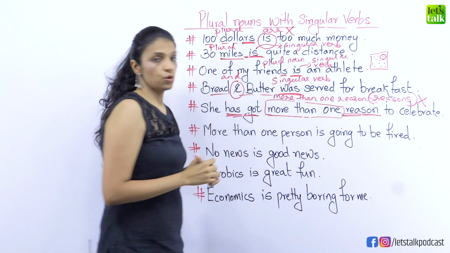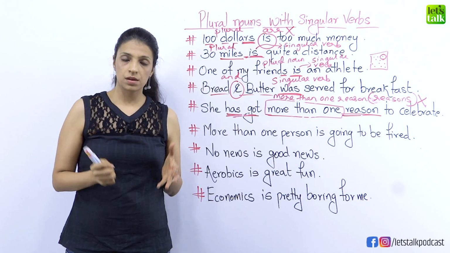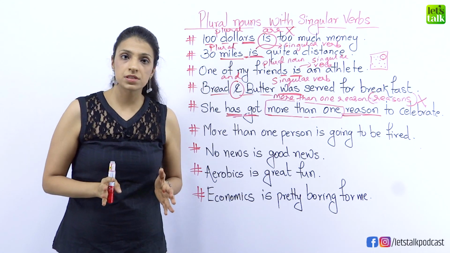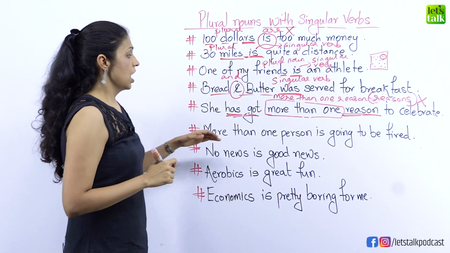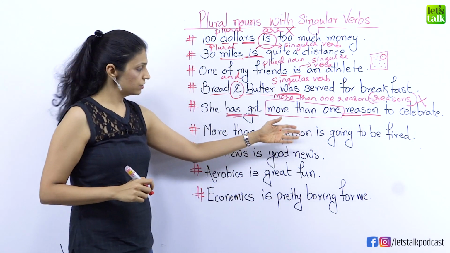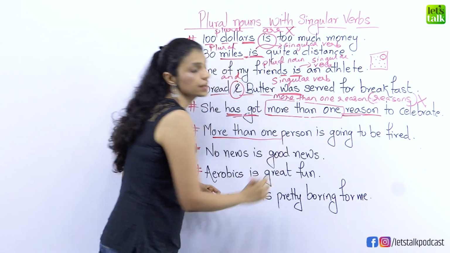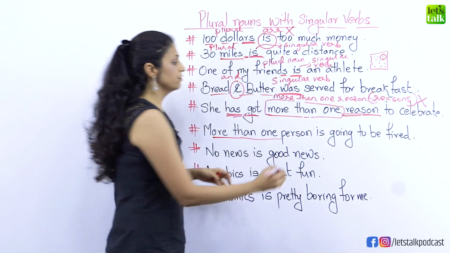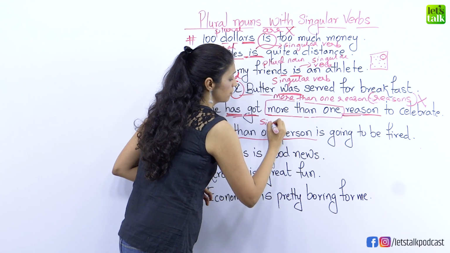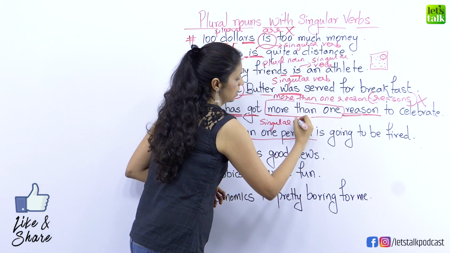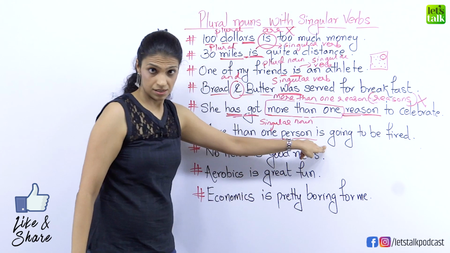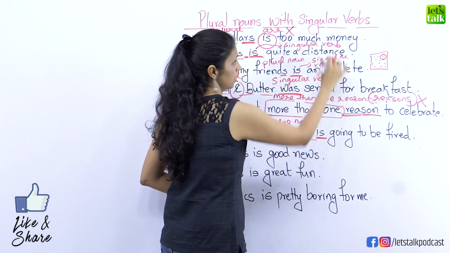Okay. So, though we are talking about more than one noun, keep the noun in singular and you have a singular verb. Okay, friends, the next one, more than one person. A similar example, more than one, that means it could be two or more, okay. I have used a singular noun, I have not used people, okay. I say more than one person is followed by a singular verb.